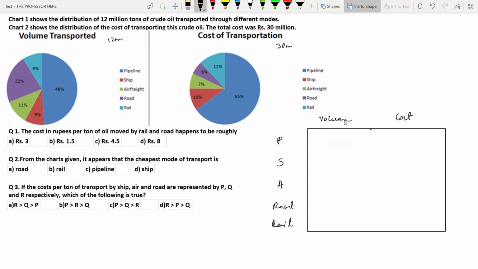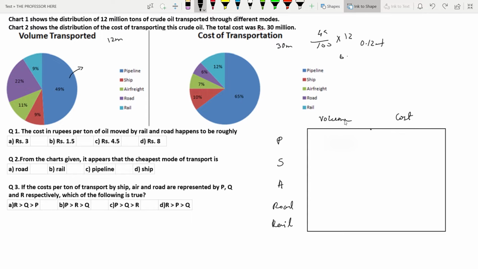So let's fill up the data corresponding to the volume. For pipeline, represented by this dark blue color, it is 49%. So what is 49% of 12 million tons? So 49 divided by 100 into 12. Instead of using this, I would use 50% of 12 million, which means 6. And 1% refers to 0.12 million tons.